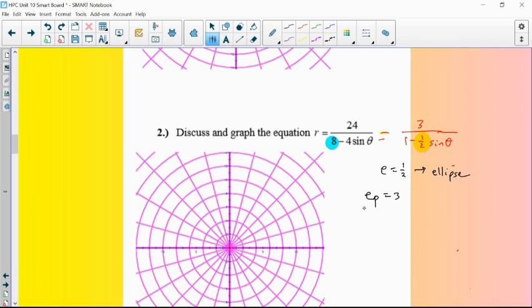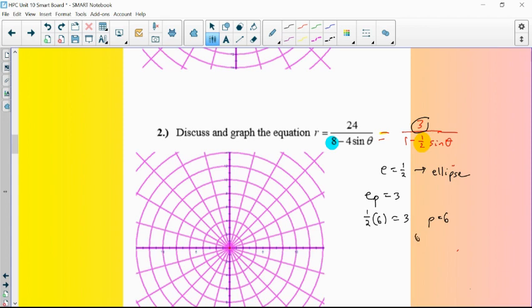And if I know my eccentricity is 1/2, my P value must be equal to 6. That's the only way that I can get 3 for that coefficient.